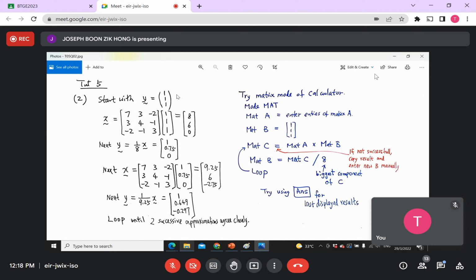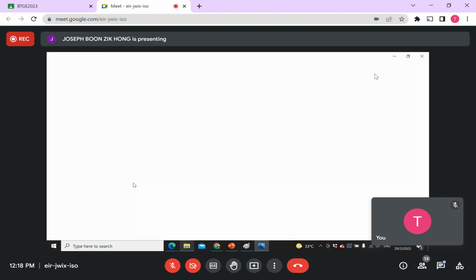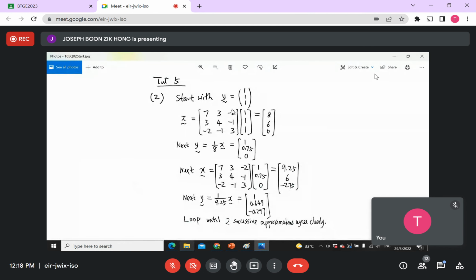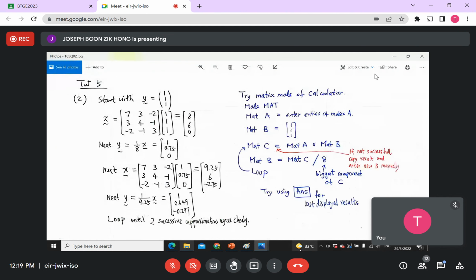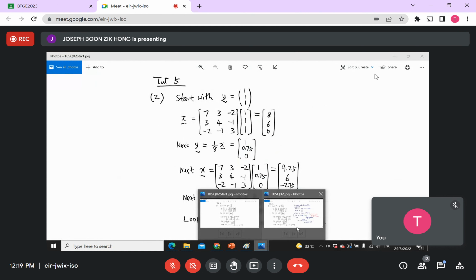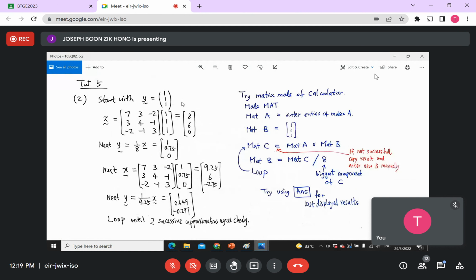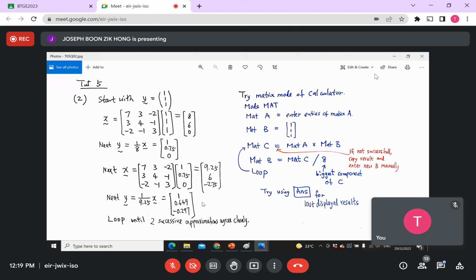They did not write how many iterations are needed, but after the first iteration, what do you get?